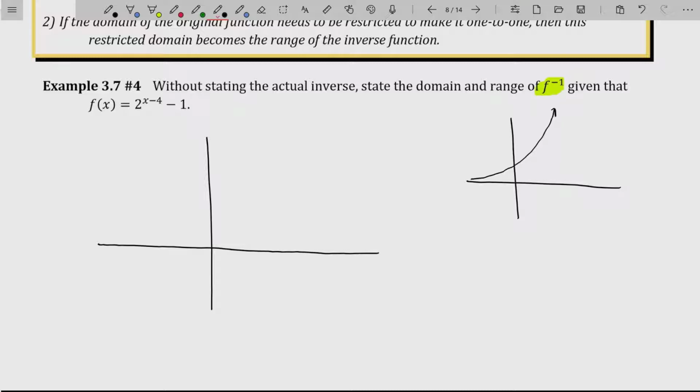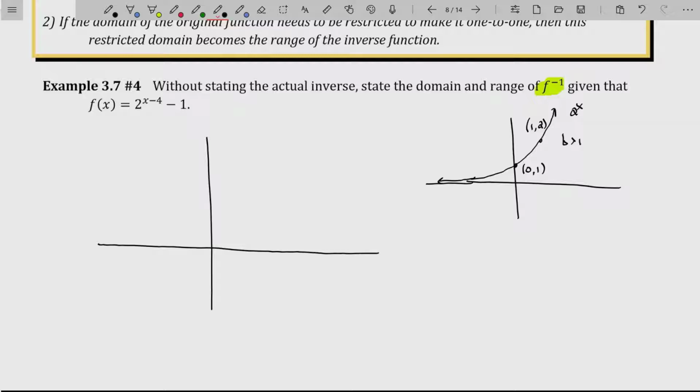That style of exponential function occurs if the base of the exponential function is greater than 1. So this would be like a 2 to the x, in fact. So that's what 2 to the x would look like. It actually goes through 0, 1, and 1, 2.